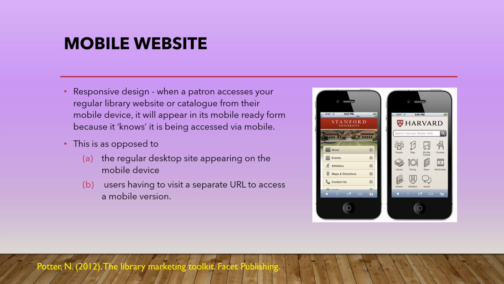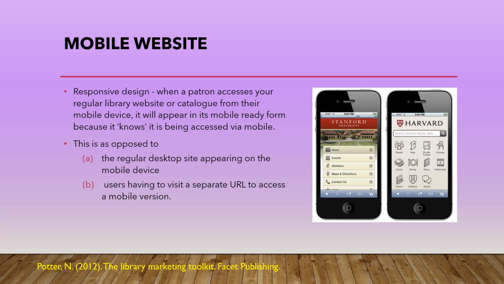It's a bit different from the desktop library website of Harvard and Stanford. So this is as opposed to the regular desktop site appearing on the mobile device. So there is a difference if it is like the desktop website that we access through mobile phones.